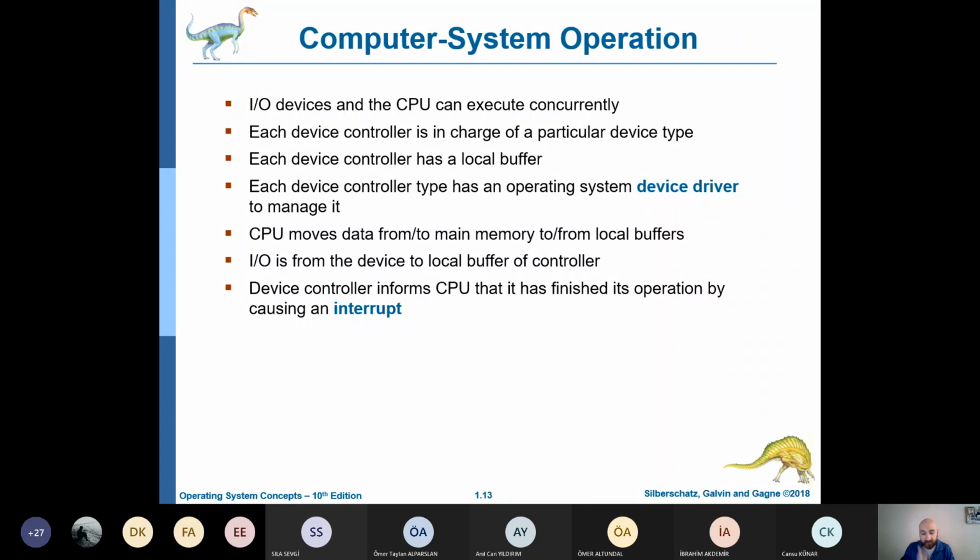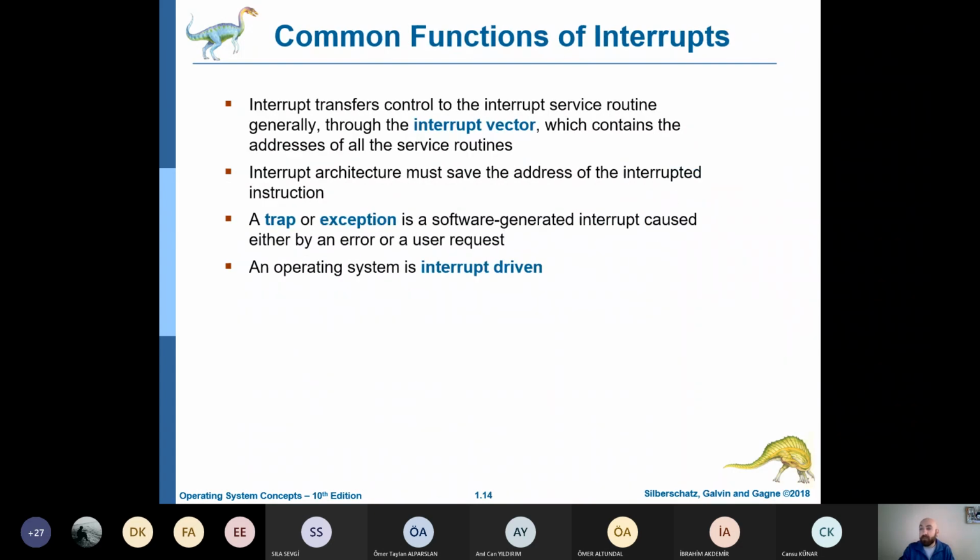A device controller informs the CPU that it has finished its operation by causing an interrupt. So we have an important term here, interrupt. Hardware may trigger an interrupt at any time by sending a signal to the CPU, usually by way of the system bus.